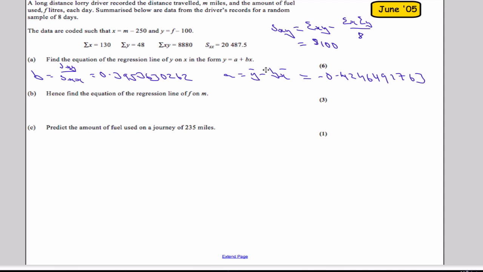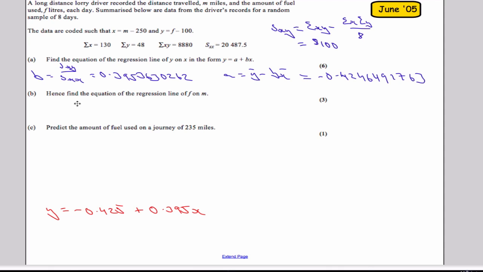All right. We're not quite finished yet. I'm going to continue it down here. So let's write it to 3 significant figures now. So y equals a, which is minus 0.425, plus b to 3 significant figures, which is 0.395 times x.